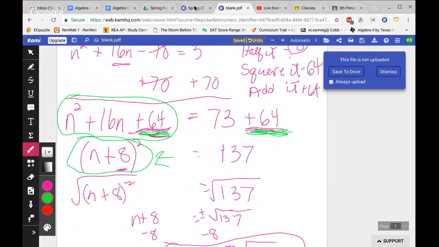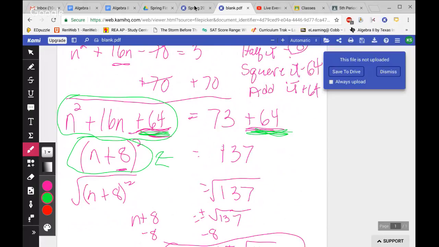Yes. Okay. All right. So the best thing to remember, and a lot of times what I do, as soon as I half it, if my half is -8 or -4, or in this case, +8, I go ahead and write down the n plus 8 squared, because I know the whole point of completing the square is to make that square.